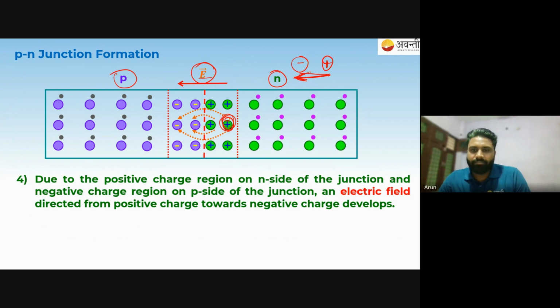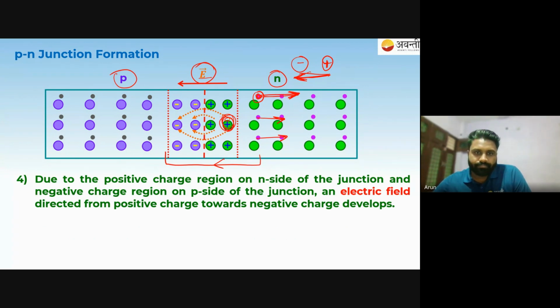And this electric field opposes the motion of electrons. Because for an electron on the n-type semiconductor, this electric field applies a force in the opposite direction. So it will restrict all these electrons from moving from n to p in this direction. Got it?